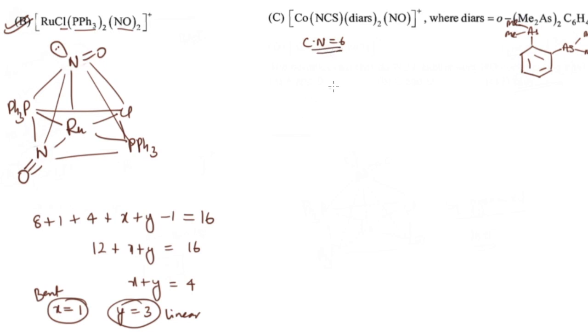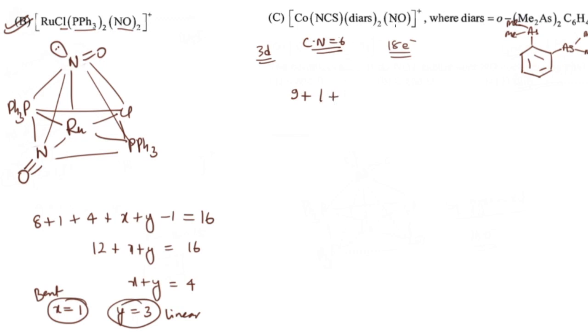Now a coordination number of 6, and that too a 3d metal, so cobalt is a 3d metal, this is going to form an 18 electron species. So just use the 18 electron rule to calculate. From cobalt you are going to get 9 electrons. From NCS you are going to get one electron.